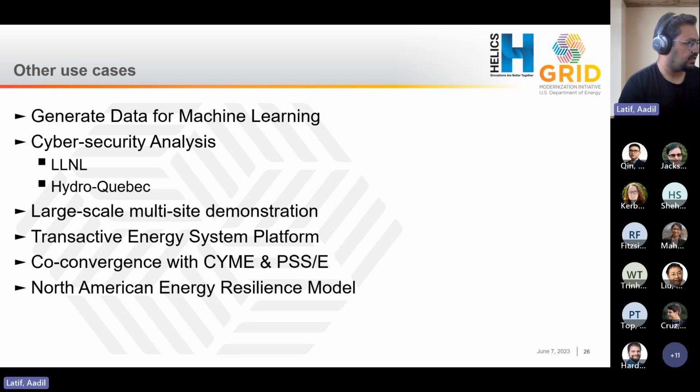And then the North American Resiliency Model. This is a very large effort for the Department of Energy. I believe seven or eight different labs are part of this effort. What we're trying to do here is model the entirety of the energy system in the US down to the distribution level, so essentially every single household, at least for the power system use case.